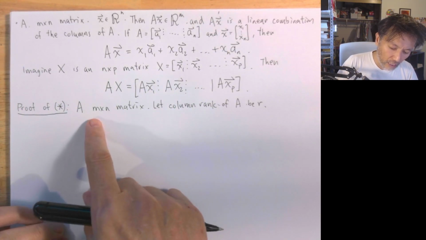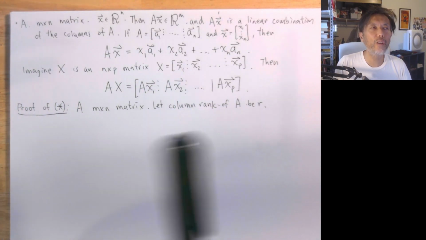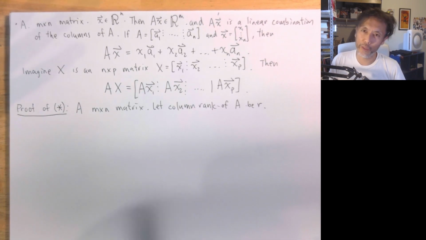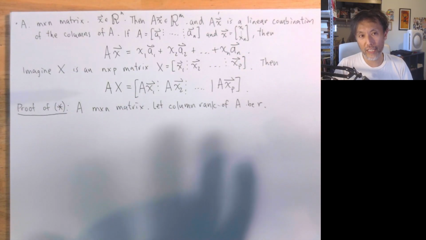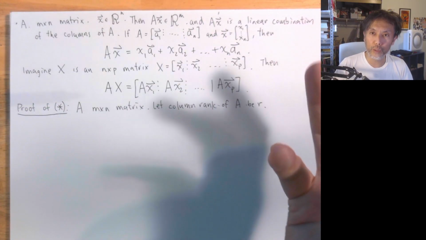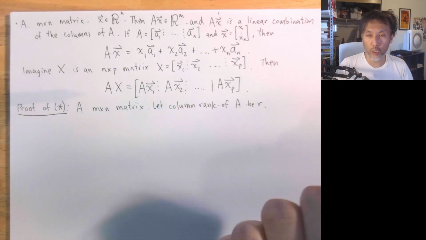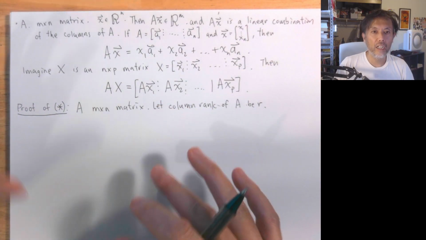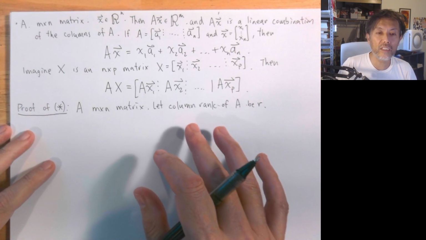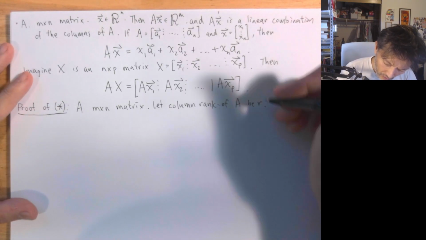I don't want to prove it. It turns out that the proof is a little bit controversial in and of itself, particularly if you want to include infinite dimensional vector spaces in its scope. But I don't want to get distracted. Let's just assume that a basis for the column space exists.